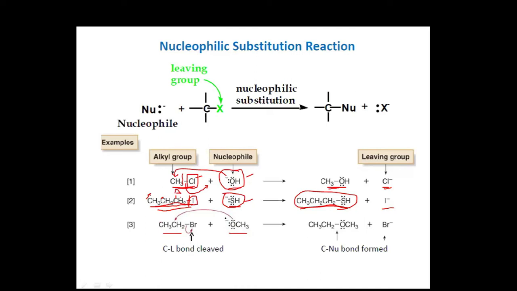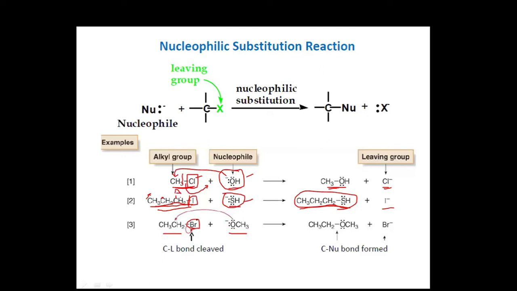As it carries a negative charge, the methoxy anion, or methoxide, acts as a nucleophile in this reaction, and it prefers to attack the carbon which is carrying the leaving group. The leaving group in this case is bromide.